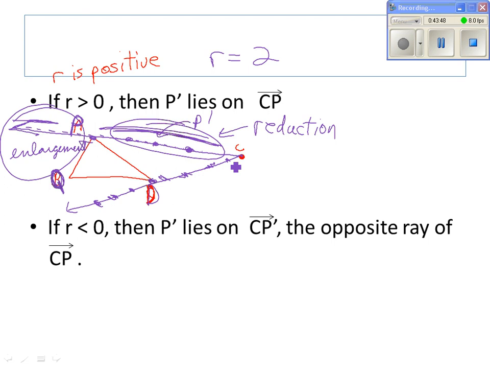Now, what's going to make this make more sense is when I come down here. If R is less than 0, so what's the scale factor this time? A negative. So if R is negative, then P prime is going to lie on the ray CP prime.